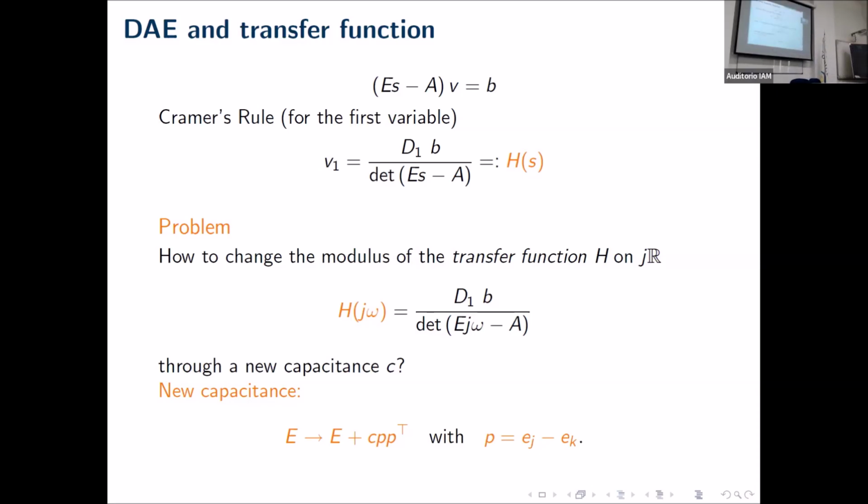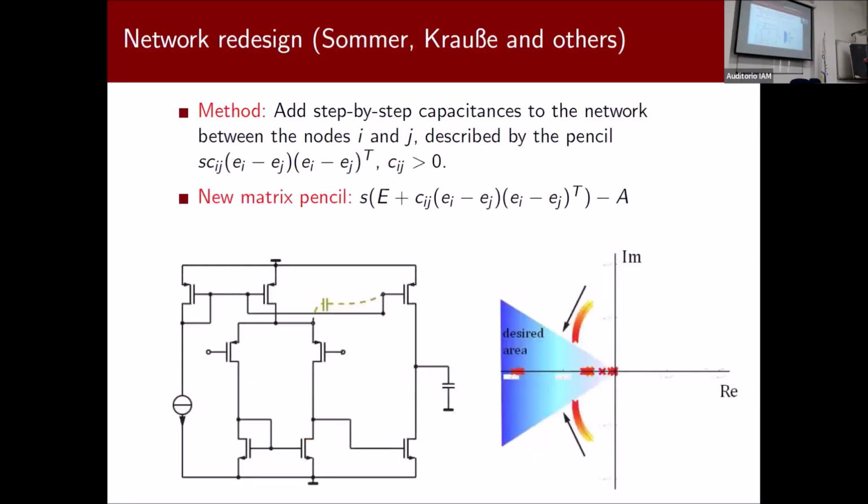I will not stress too much on this structure because so far we couldn't use the properties. To repeat, we add a capacitance, and the engineers, this comes now from outside math, if you want.